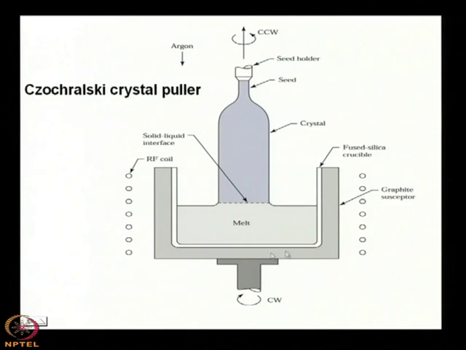I have shown you a very simple diagram of the crystal puller, and apart from a computer control, there must be an optical window to see the diameter of the crystal.